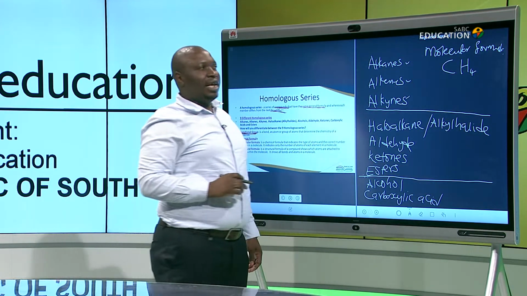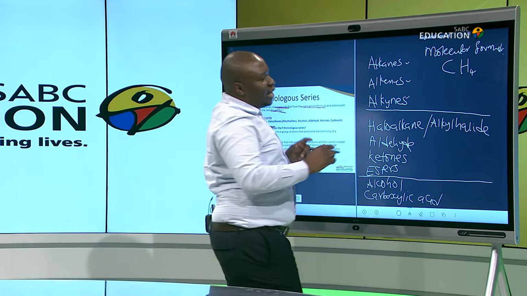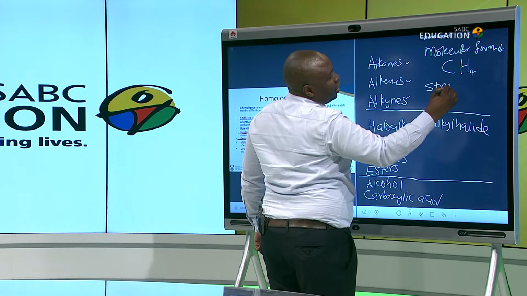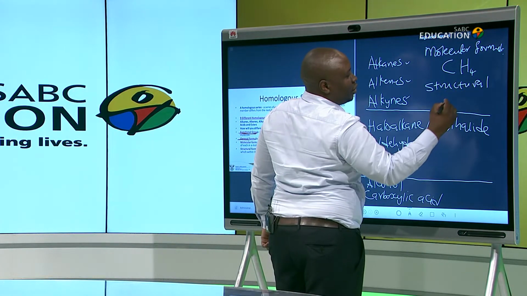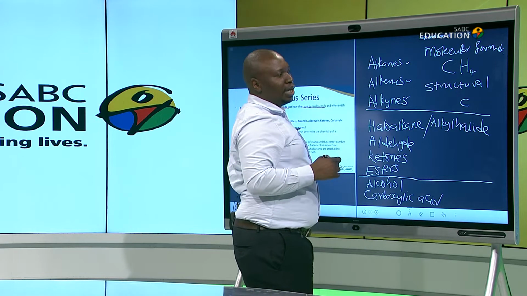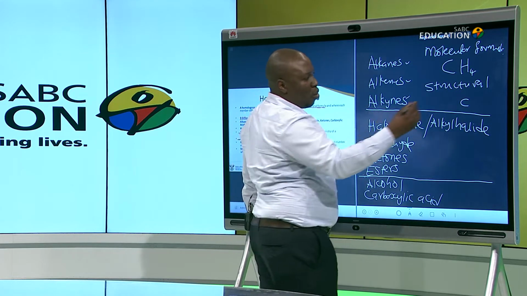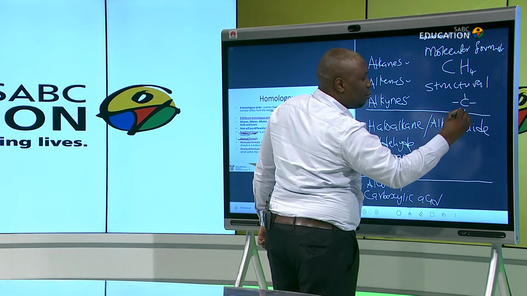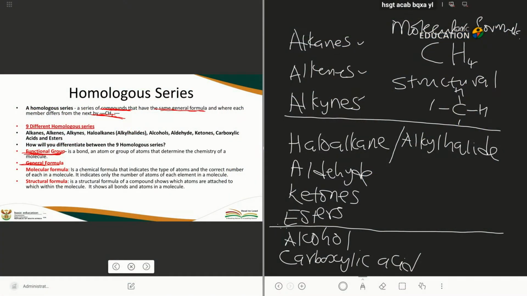Then we'll refer to that as a molecular formula. But when you say structural formula, it changes now. You show all the bonds, which means you'll write a carbon. We said carbon can form maximum of four bonds around it. So we'll write a carbon with 4 hydrogens around it. Then that we know is a structural formula.